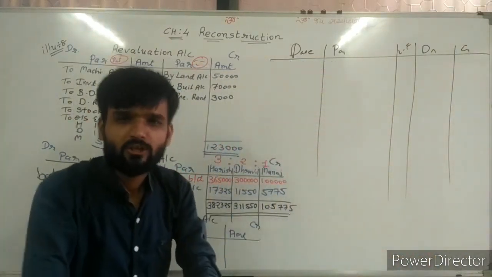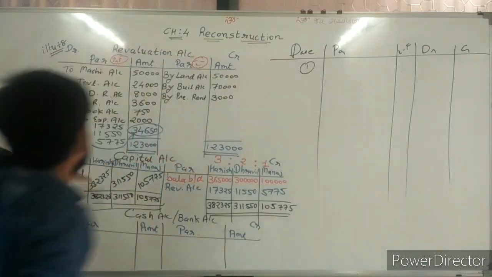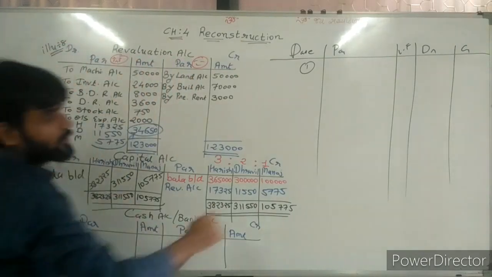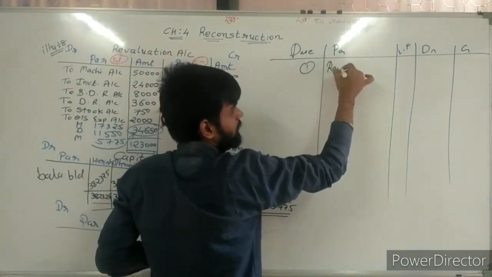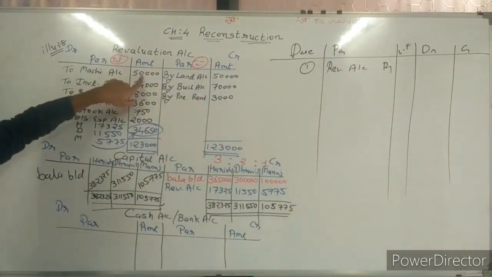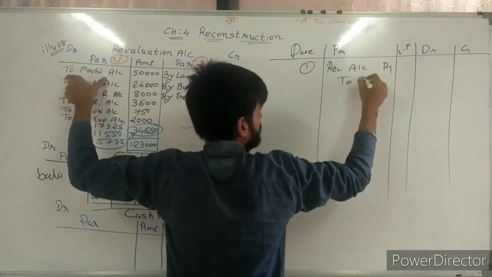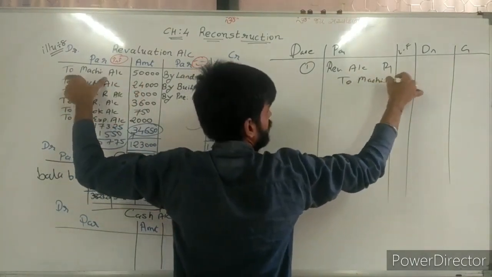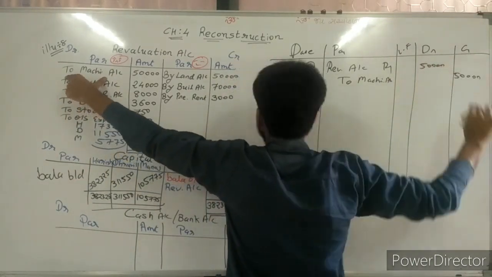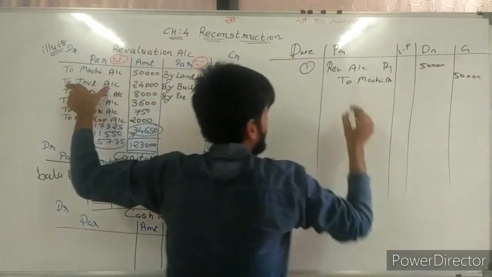Now the easy way to write a journal entry. First of all I am writing the first journal entry. Sir, the simplest one: revaluation account debited. So which amount? 50,000, to machine account 50,000. This is also 50,000. So the same: revaluation account debited to machine account.